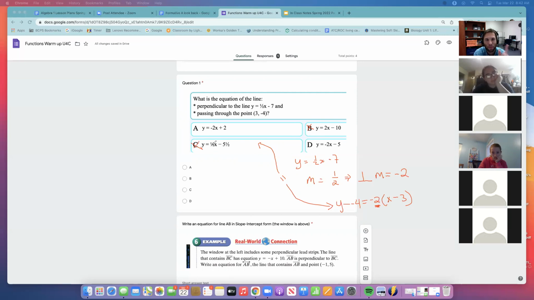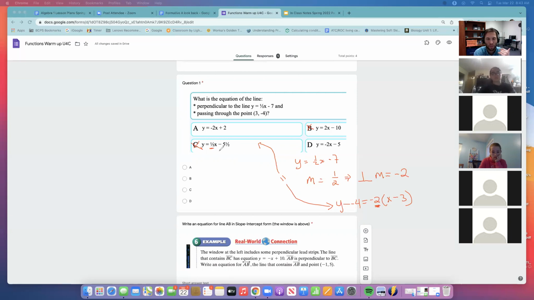The reason they put 1/2 and +2 in is to test if you know the slope of a perpendicular line. You might know the original line slope is 1/2, and make the mistake of saying the perpendicular slope is +2, 2/1. So you're doing half of it but not the other half, because half of it is to flip the fraction, but the other half is you have to change the sign, positive to negative.